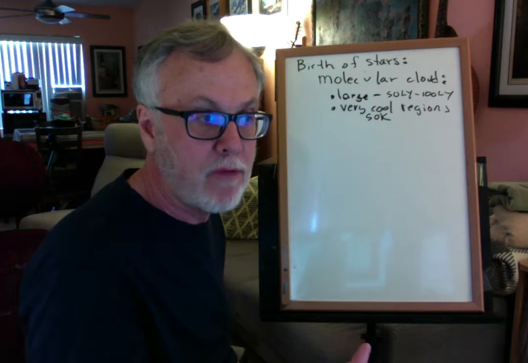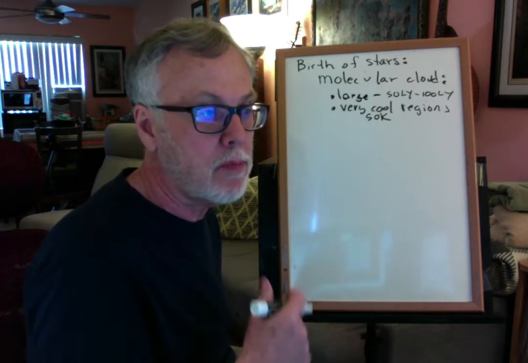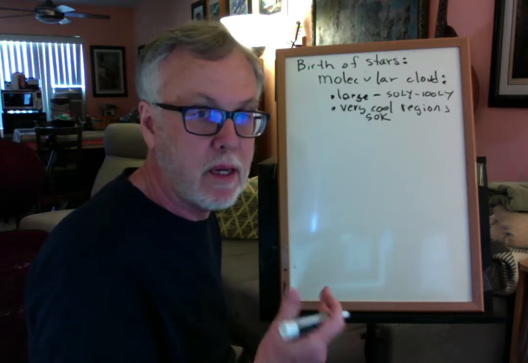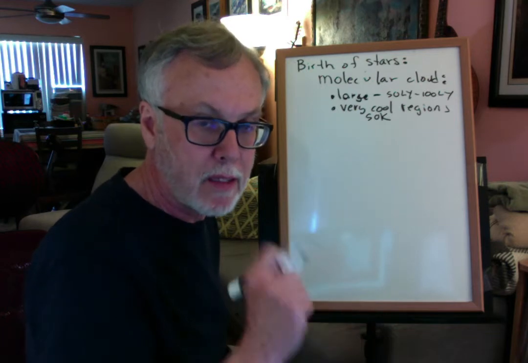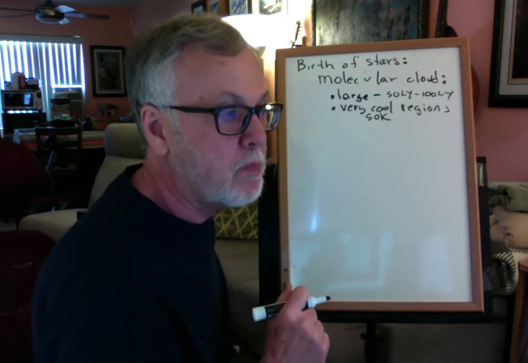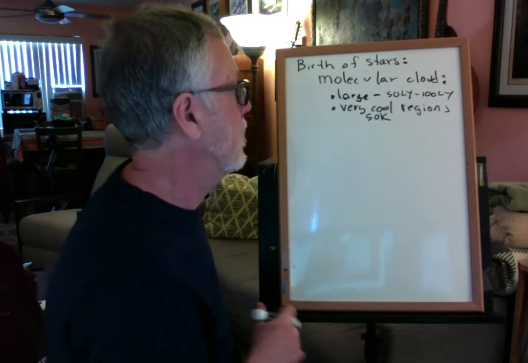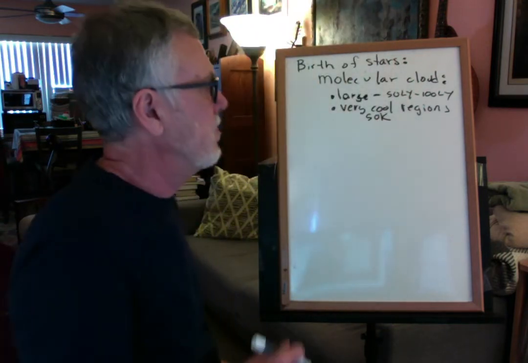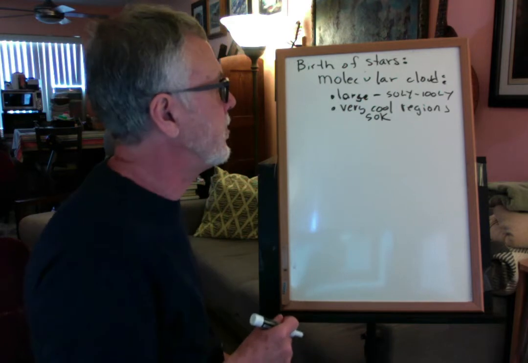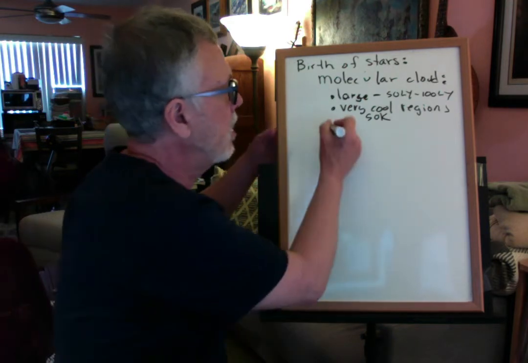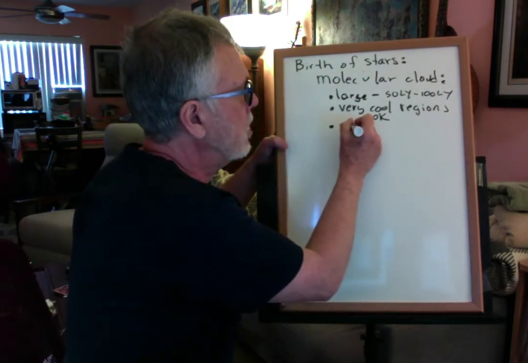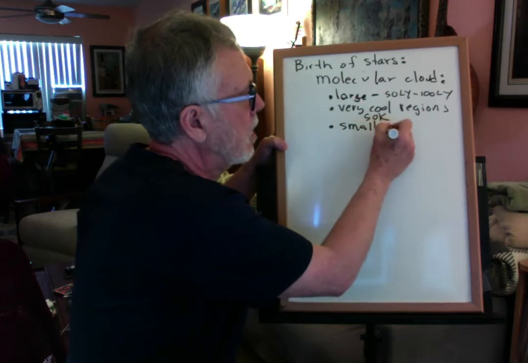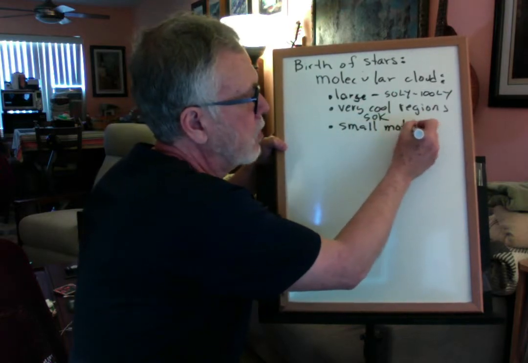It's really the average kinetic energy that something's made from. Kinetic energy, remember, is 1/2 times the mass of the object times the speed squared. So if it's low temperature, it's low speed. And so, very cool regions, so there's small motions, but not big motions.